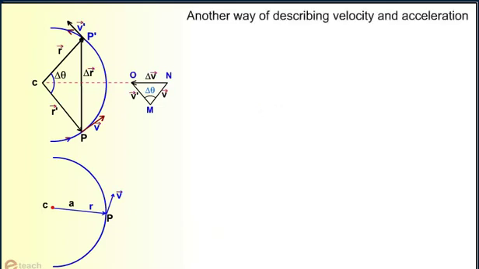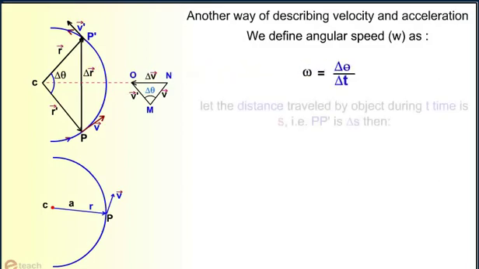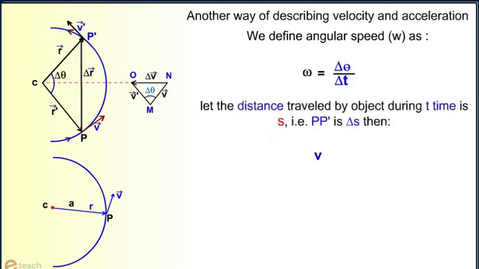Another way of describing velocity and acceleration, we define angular speed omega as omega equals delta theta divided by delta t. Let the distance traveled by the object during time t be s, that is PP dash is delta s. Then v equals delta s by delta t.